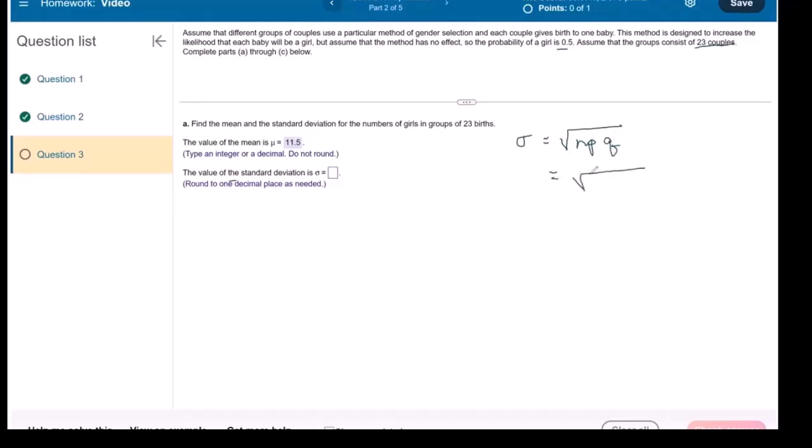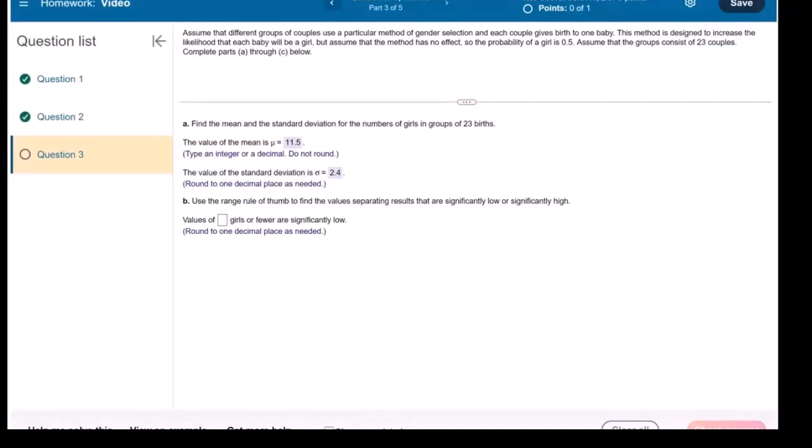That's the square root of n is 23, p is 0.5, and q is 1 minus p, which is also 0.5. My standard deviation is equal to 2.39, rounded to 1 decimal place, 2.4.